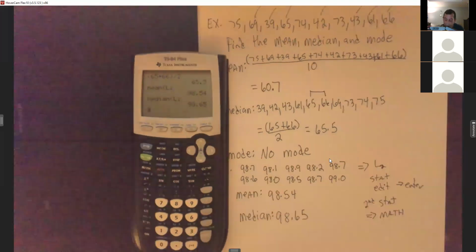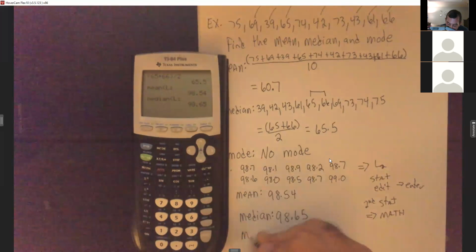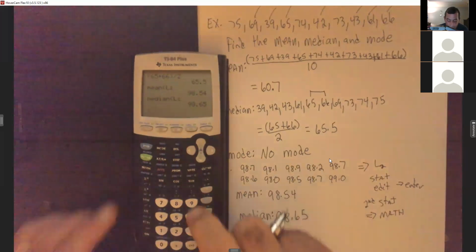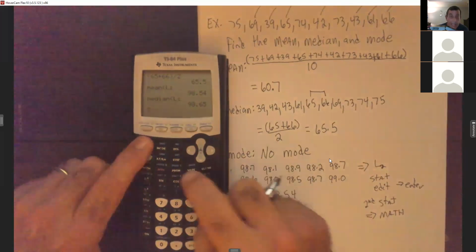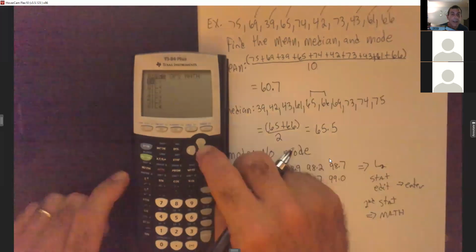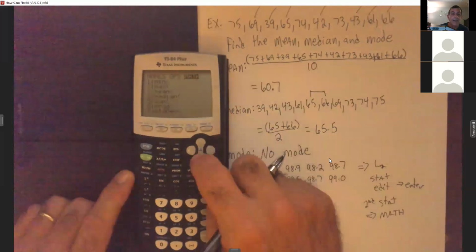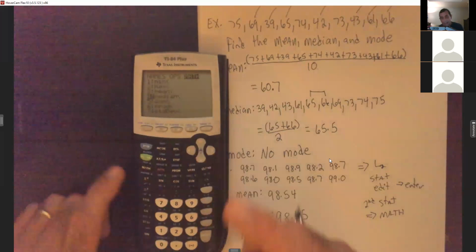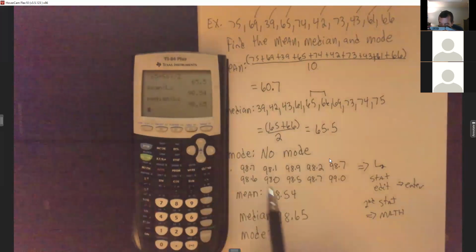Now, I need to find the mode. Unfortunately, if you go through here on second stat, you do not see a mode. So the calculator won't do the mode, but you can look at these and see which one happens the most.